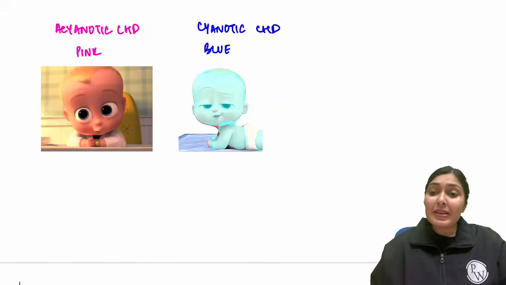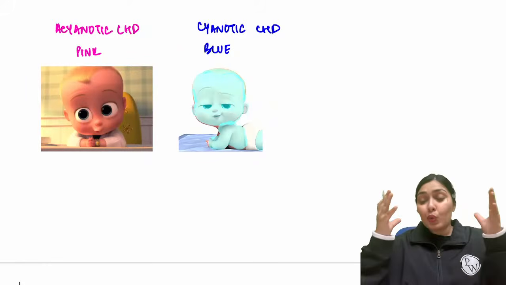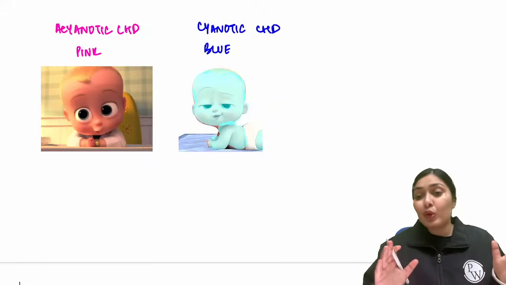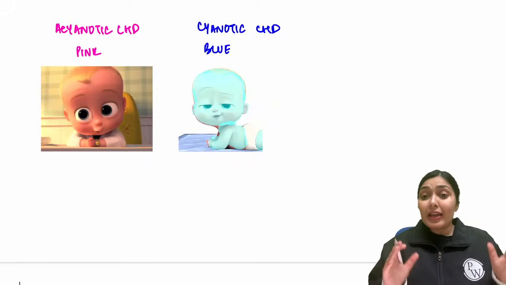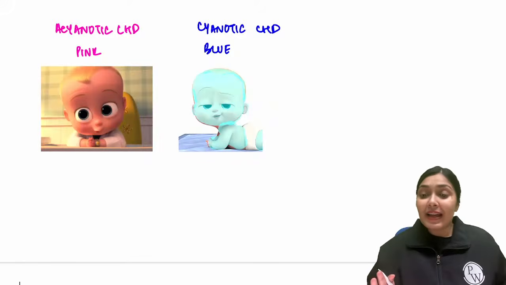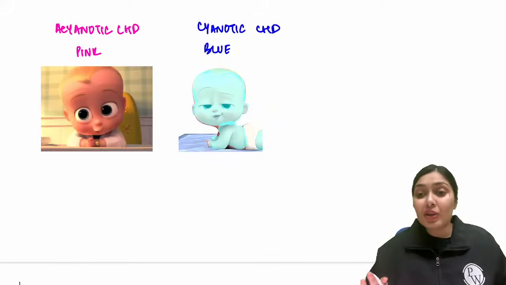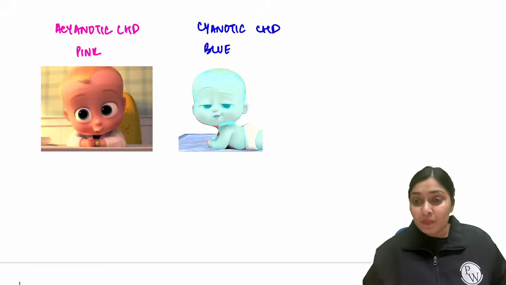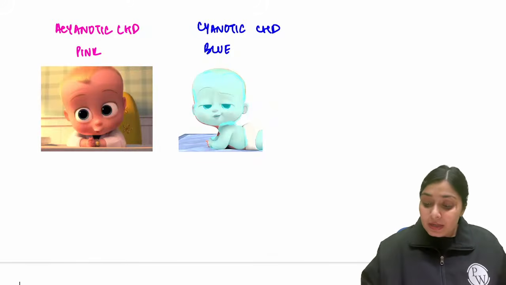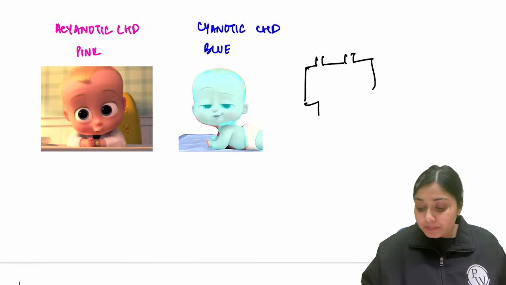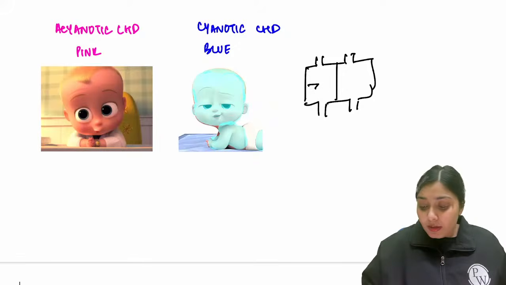So why is the baby pink in one condition and blue in the other? I know the left side of my body is going to give me oxygenated blood. If somehow the left side is receiving deoxygenated blood, the baby will look blue. So remember, in a normal heart, we have the right side of the heart and the left side of the heart.